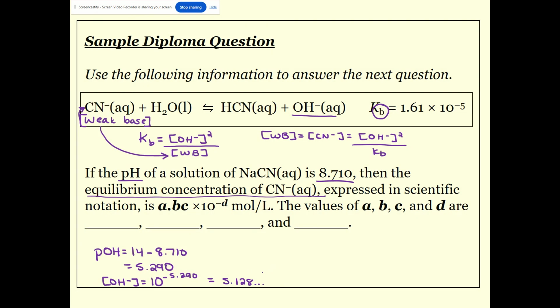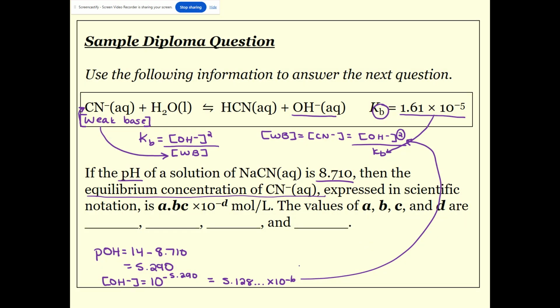So 5.128 and so on times 10 to the negative 6. I'm going to put this into that formula up there. That is my concentration of hydroxide ion. I have to square it and then divide by the Kb, which is given right there.